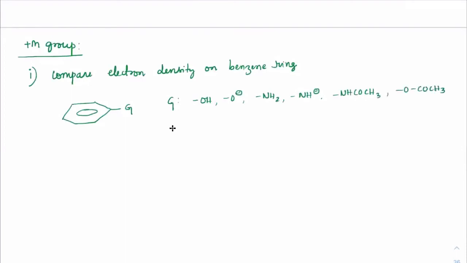These groups are connected. I'll call them A, B, C, D, E, and F.